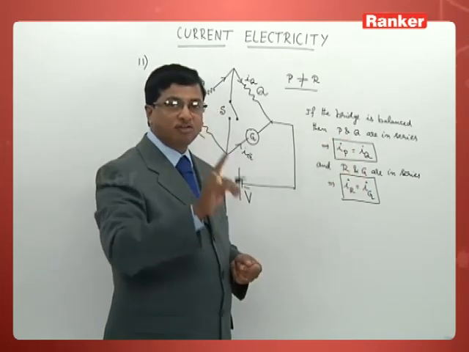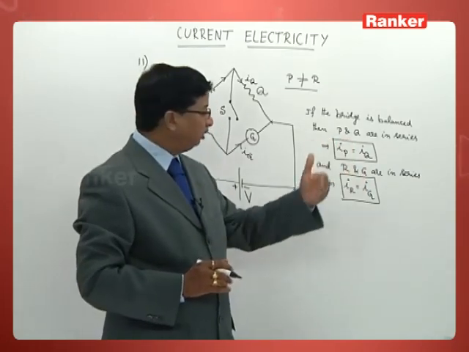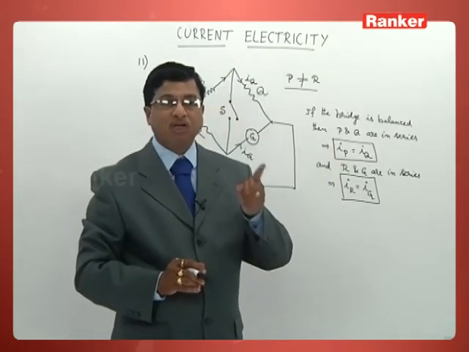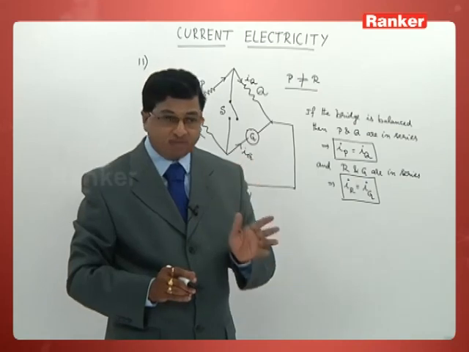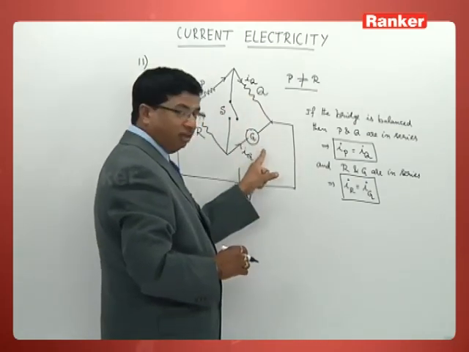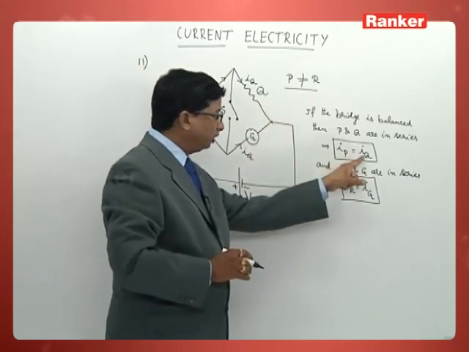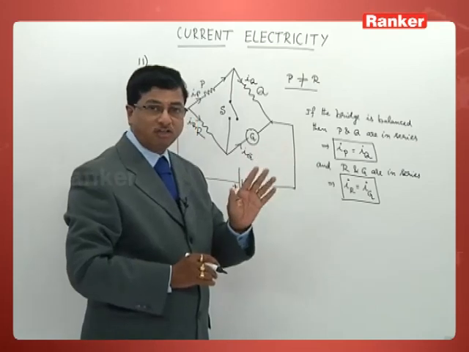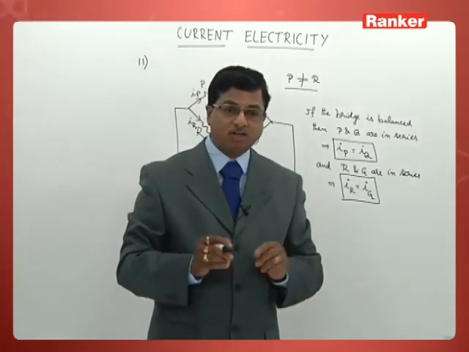So the second option is not correct. Come to the third option, IQ is equal to IG. This is also not true because IQ must be equal to IP, not IG. So the third option is also not correct.